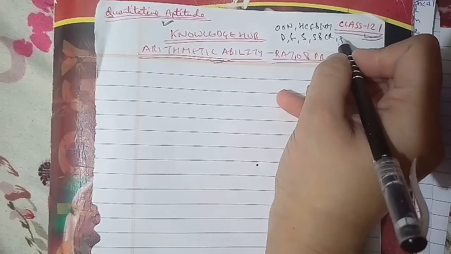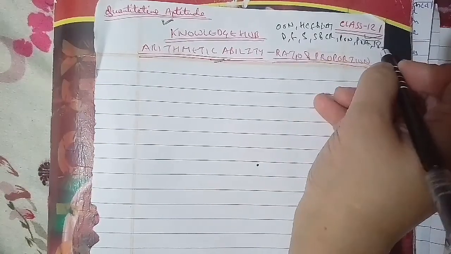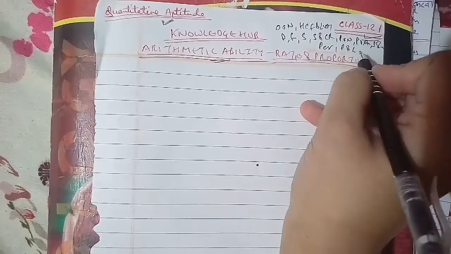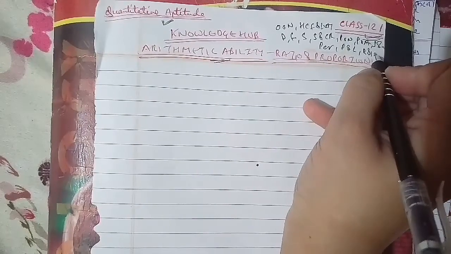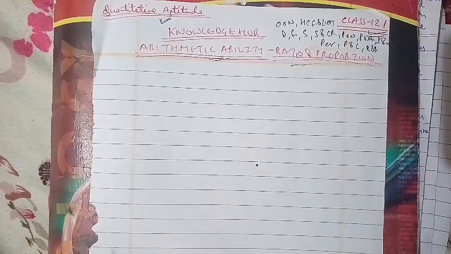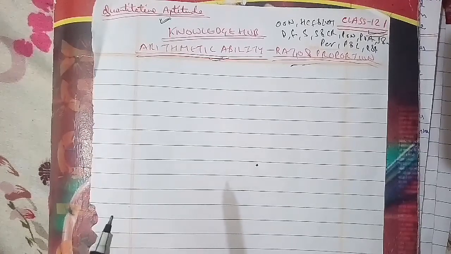And then we had done problems on numbers, problems on ages, sets and indices, percentage. Then we had done profit and loss, and then we are dealing with ratio and proportion. That is the 12th topic that we are dealing with here. In that we had done the 27th question in the last class. So here we go for the next, and it will start with this.